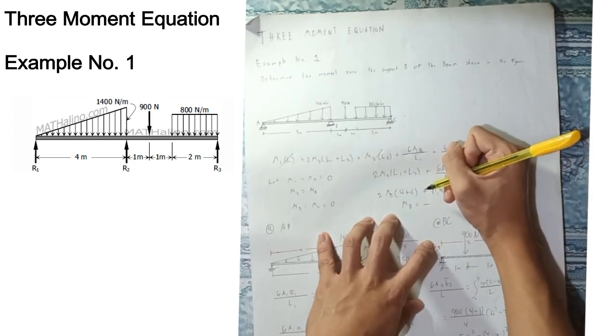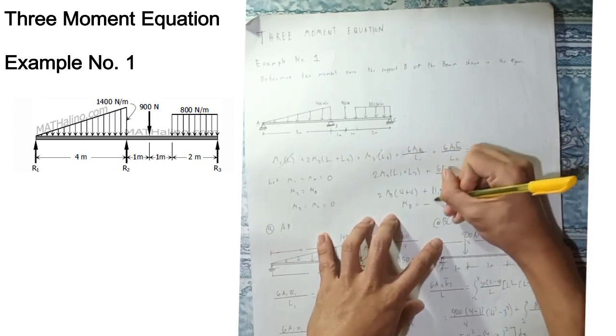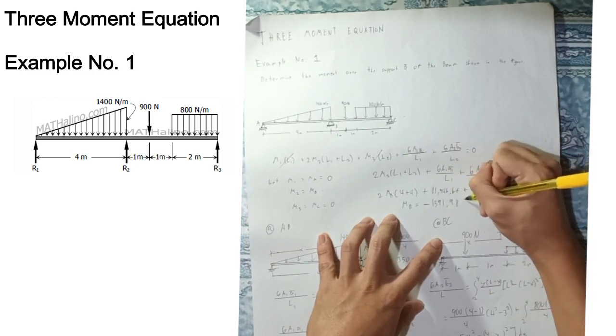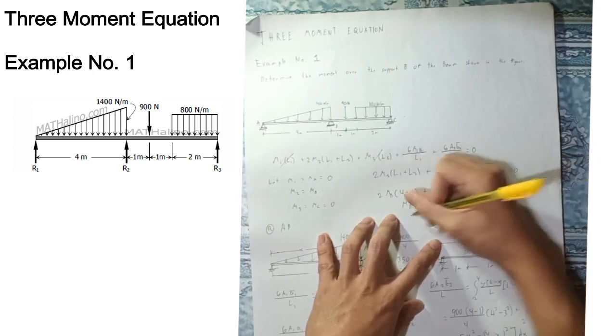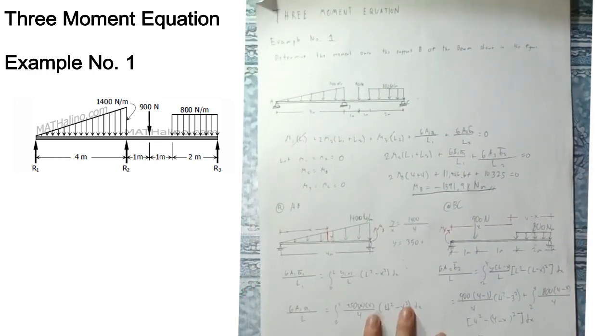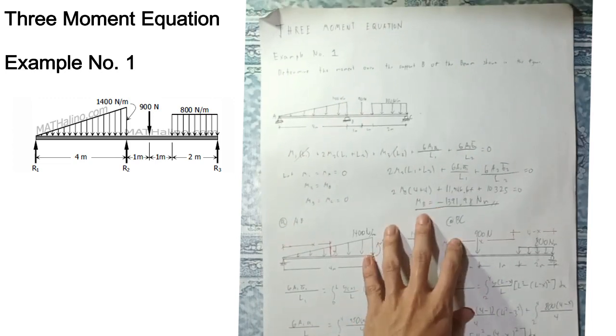So MB is equals to negative 1,391.98 Newton meter. So that's the final answer for example number 1.